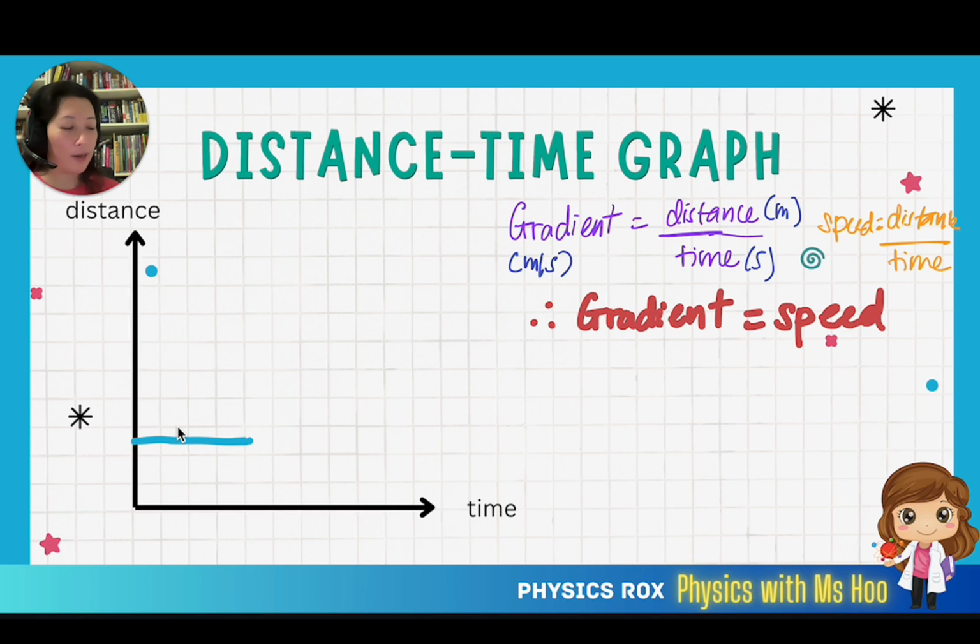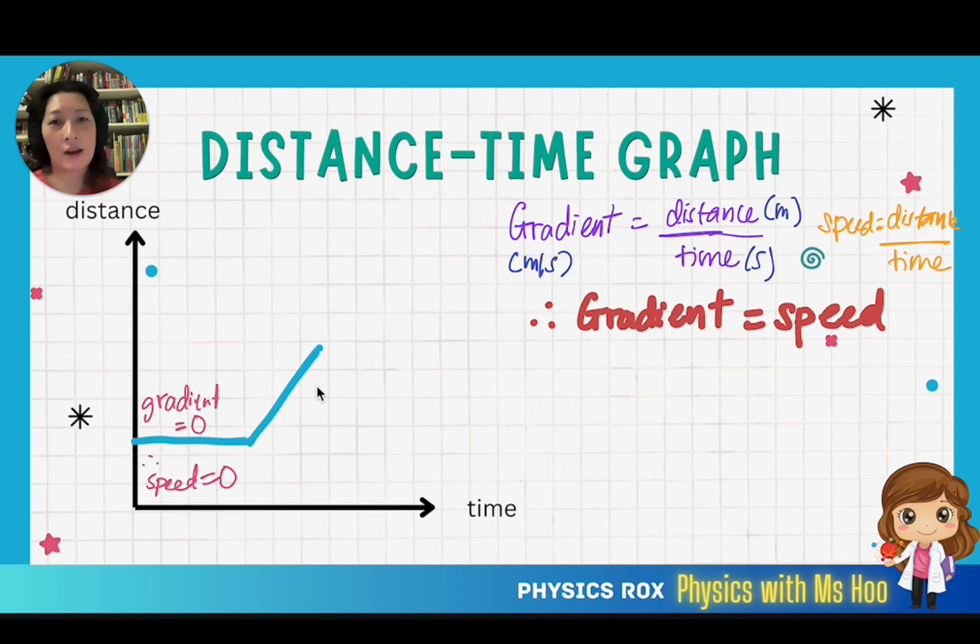That's right, the gradient is 0. Because the gradient is 0, this tells us that the speed is 0. And if you recall what we've just covered in the previous slide, a horizontal line means the distance hasn't changed throughout this entire time, which means it's not moving. Not moving means 0 speed. So can you see how the gradient accurately proves this?